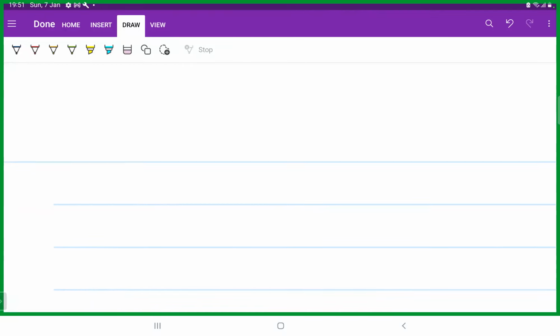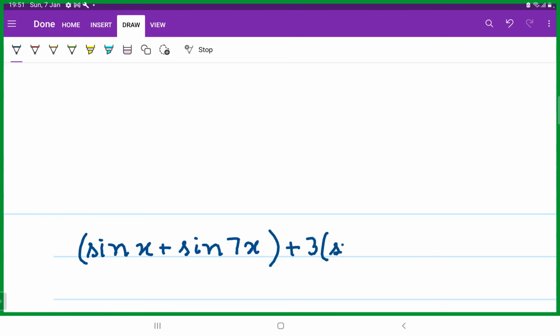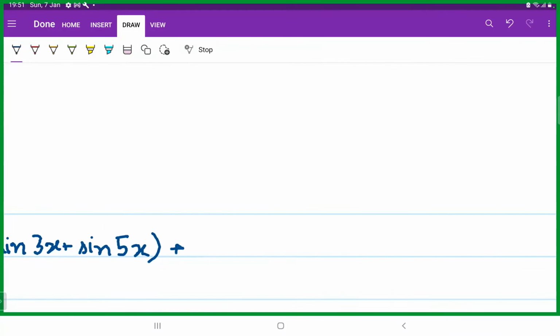So let's begin. Let's deal with the numerator first. In the numerator we have sine x plus sine 7x, plus 3 times sine 3x plus sine 5x, plus 2 times sine 5x plus sine 7x.